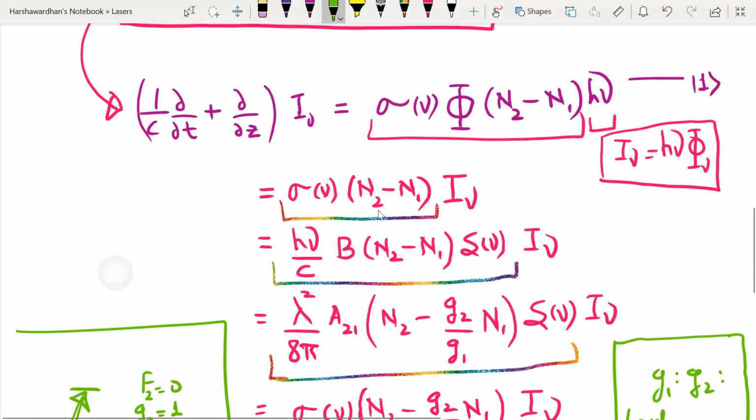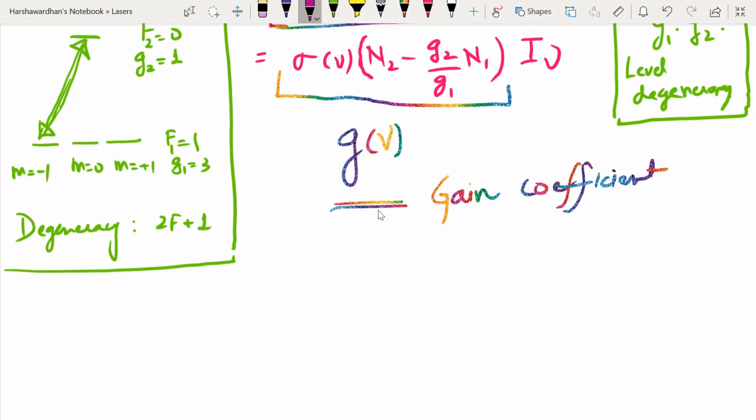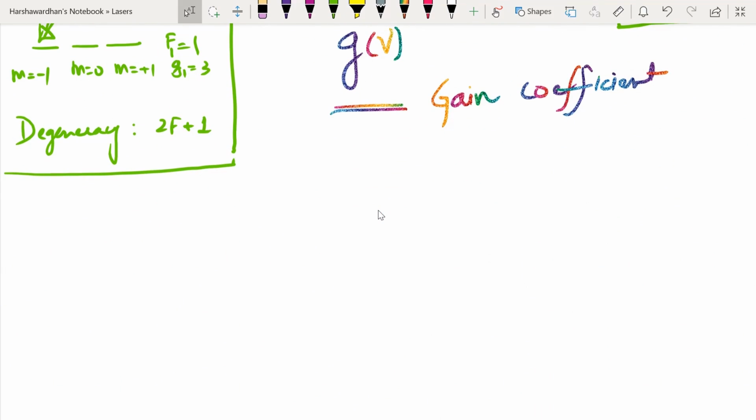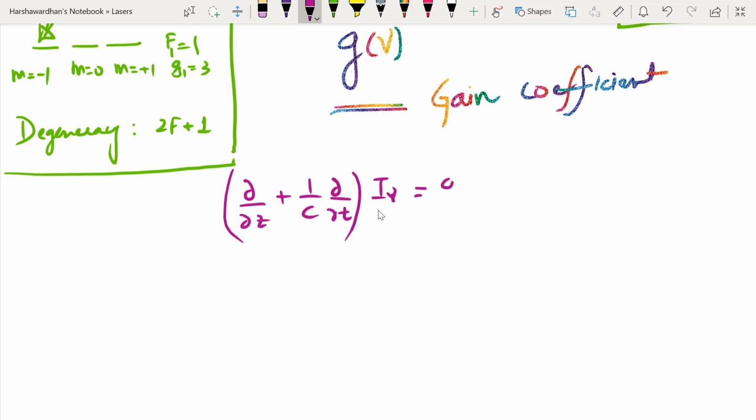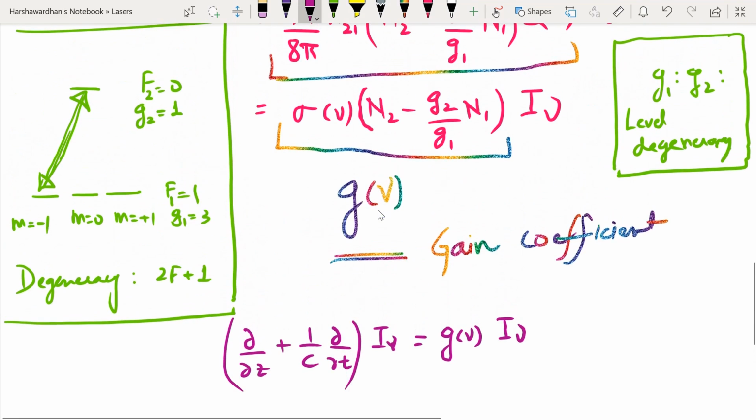In the end, what I have is this very basic equation that will govern the gain: dou by dou z plus 1 over c dou by dou t operating on I nu is simply g of nu I nu. You should understand that g of nu contains both the notion of population and the notion of the spectral dependence arising out of the cross section.